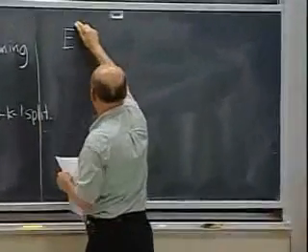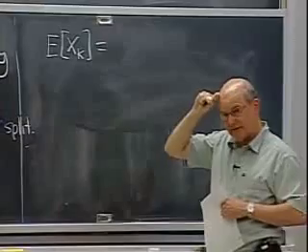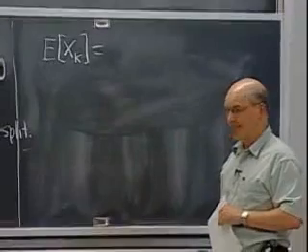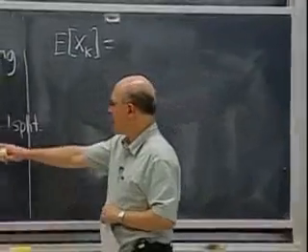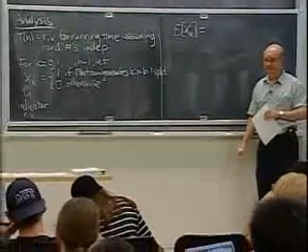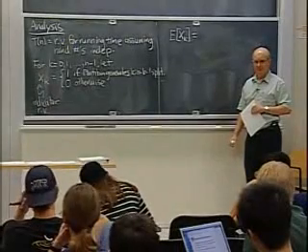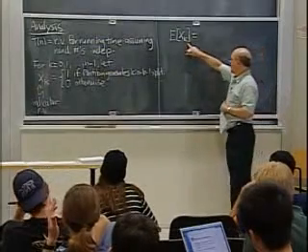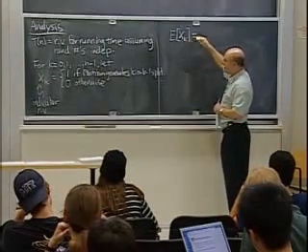What is the expectation of x sub k equal to? In other words, what is the probability that I generate a k to n minus k minus 1 split? Let's write out what that means, just to refresh people's memory.